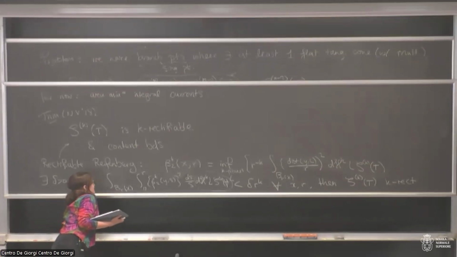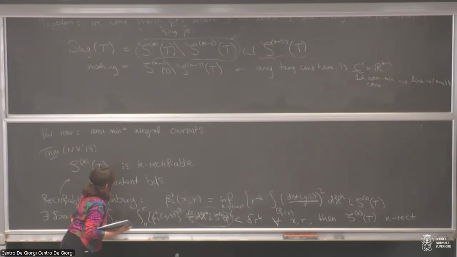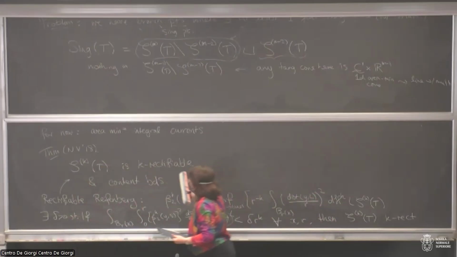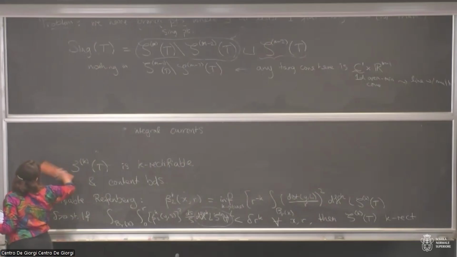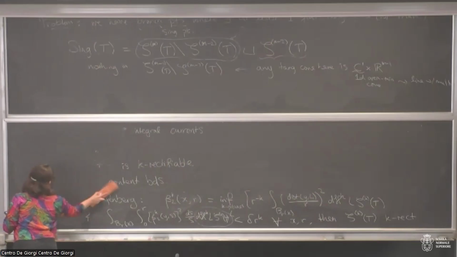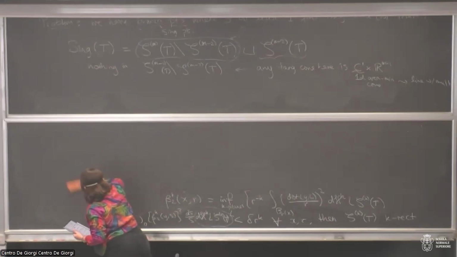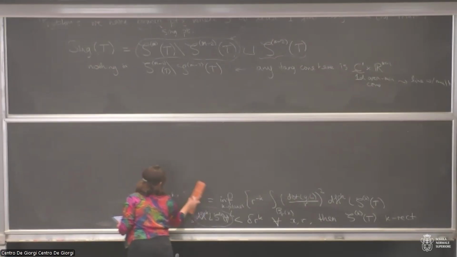And then this was the content of Almgren's big regularity theorem, which was precisely to get first a dimension bound, which was already extremely difficult because of these branch points.